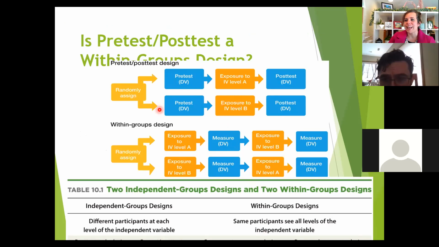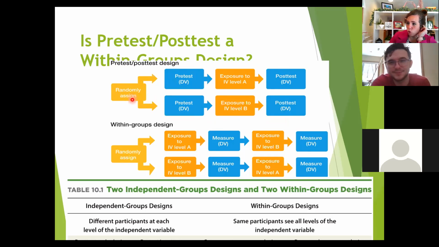Pre-test and post-test design within groups. Again, I don't know what just happened to my slide here. It looks all wonky. So a pre-test and post-test design, you would randomly assign them to one of the two groups. You give them each a pre-test, you expose them to the levels of your independent variable, and then you do a post-test, okay? That would be a random assignment pre-test, post-test design.